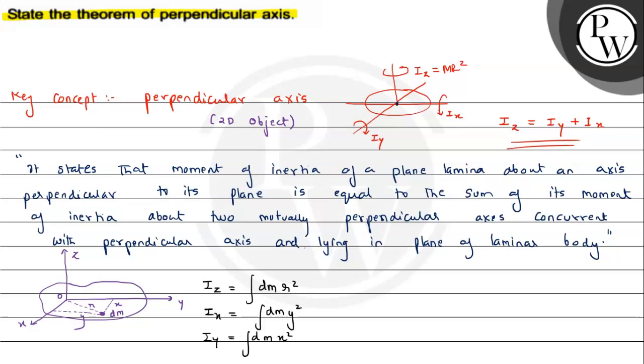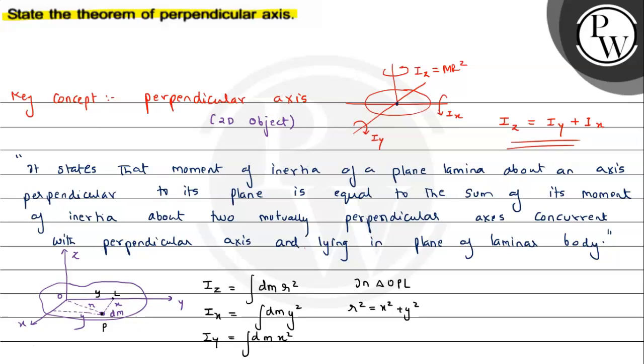Now, let's say this is the point P where we considered the mass, and this point is L. So in triangle OPL, by Pythagoras theorem, r squared equals x squared plus y squared. This distance is x, this distance is y.